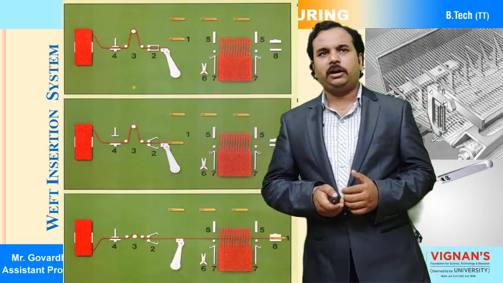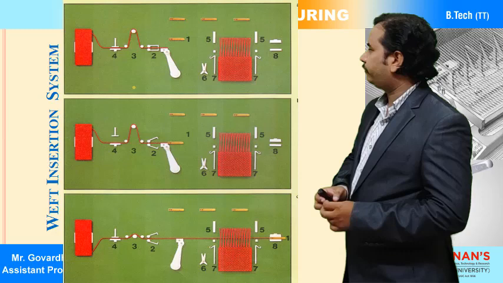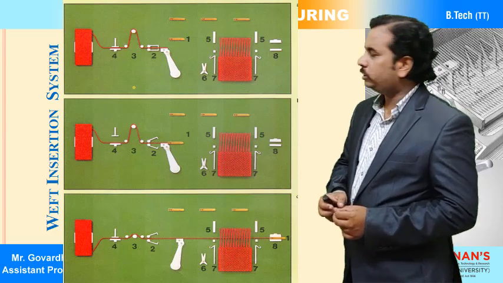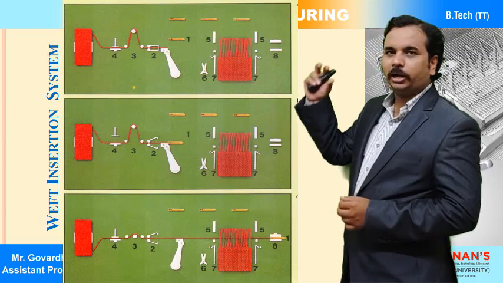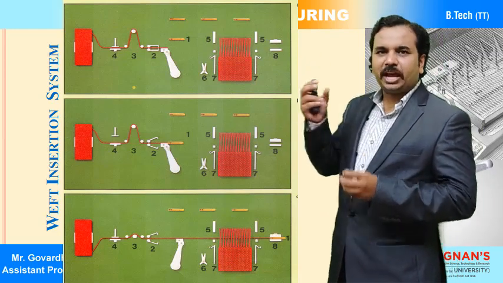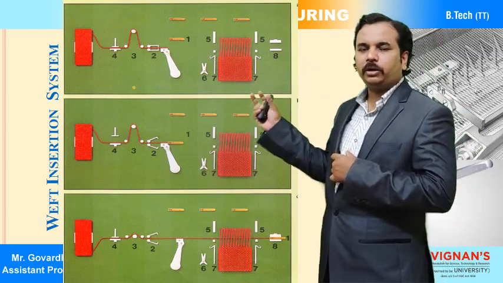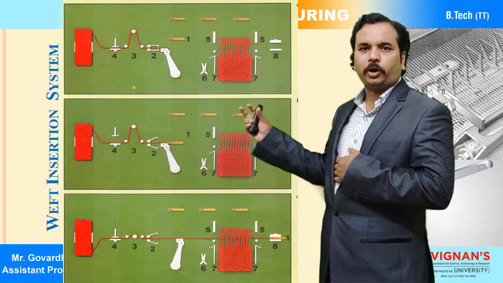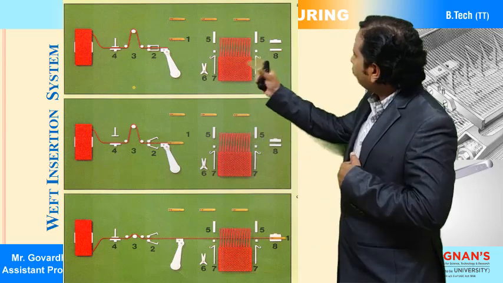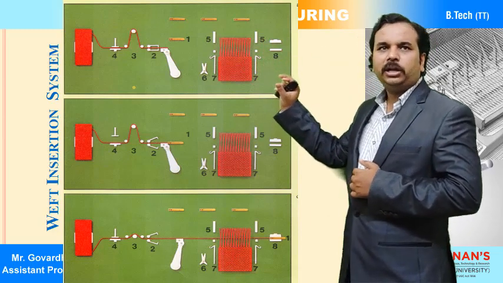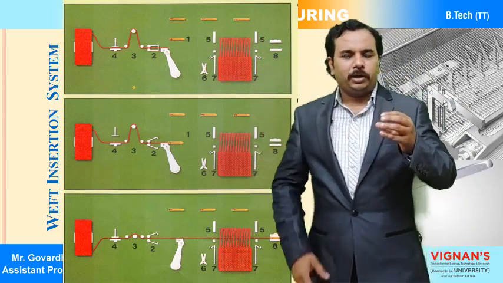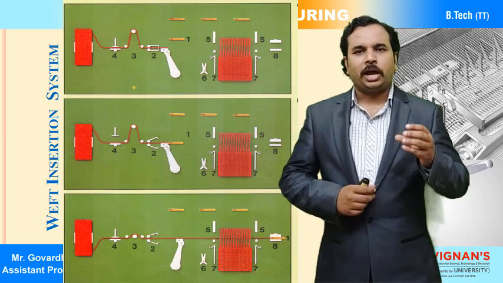In the first image, there is a weft package and an accumulator. There is a weft thread stopper or brake, and after the brake a tensioner, a projectile feeder, a picking arm and the picking shoe, and the projectiles.